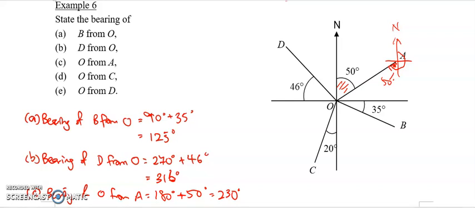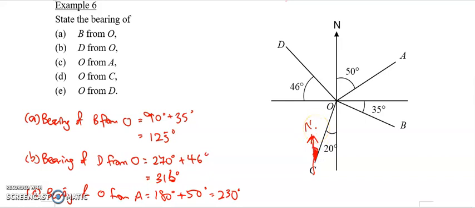Next, part D, bearing of O from C. So we put our north now at C. The angle that we must calculate is this angle, clockwise.